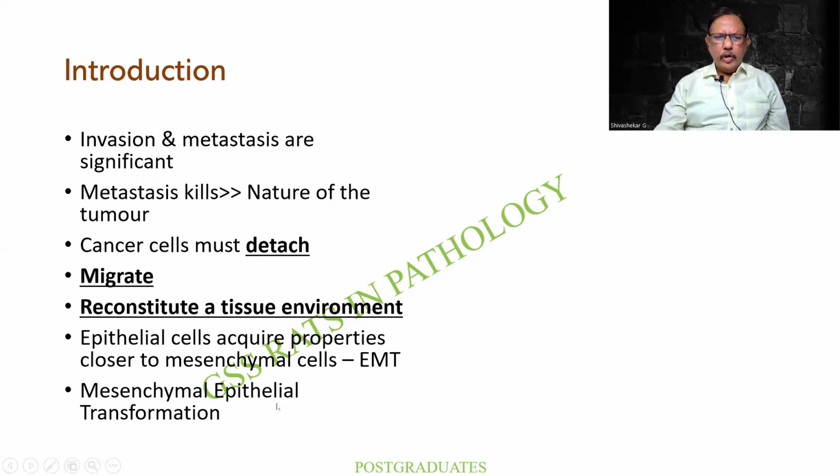Also, there is a corollary or reverse of this called the mesenchymal epithelial transition. It is not enough that it just gets converted into the mesenchymal part. It cannot survive like that, it cannot do its function. Therefore, it has to convert back to the epithelial form.